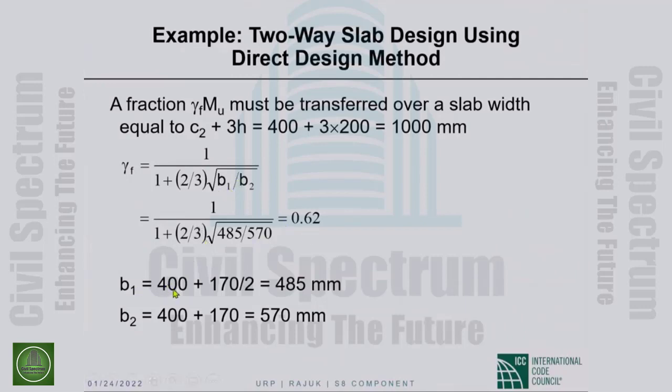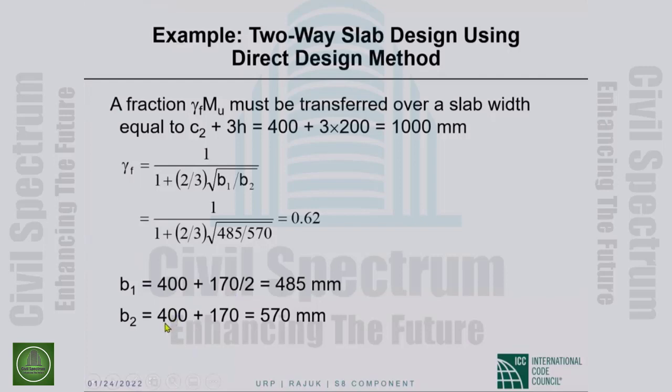This b sub 1 is 400 plus. So this is an exterior support section. This critical section for shear again is something that has not been discussed. It is tomorrow's topic. But anyway, this is an exterior column. So one dimension is the column dimension plus 1/2 of d, effective depth of the slab.